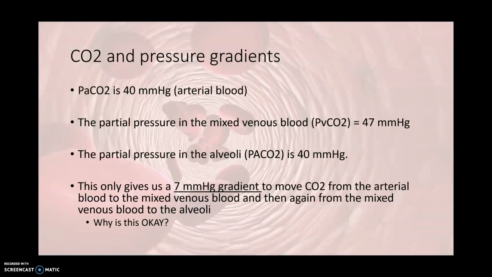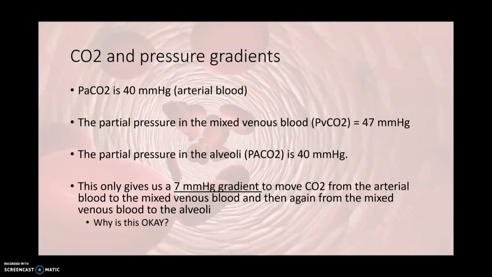Why is that okay? Why is a 7 millimeter gradient okay compared to the oxygen, which had a much bigger gradient of 60 from the ambient air into the alveoli, and another 60 from the alveoli into our blood, right, to give us our mixed arterial pressures? We have a small gradient here, but that's okay because carbon dioxide is 20 times more soluble in water and moves 47 times faster than oxygen.